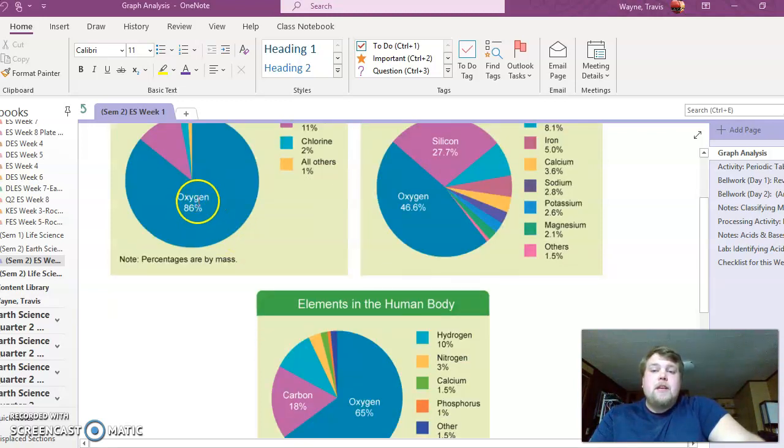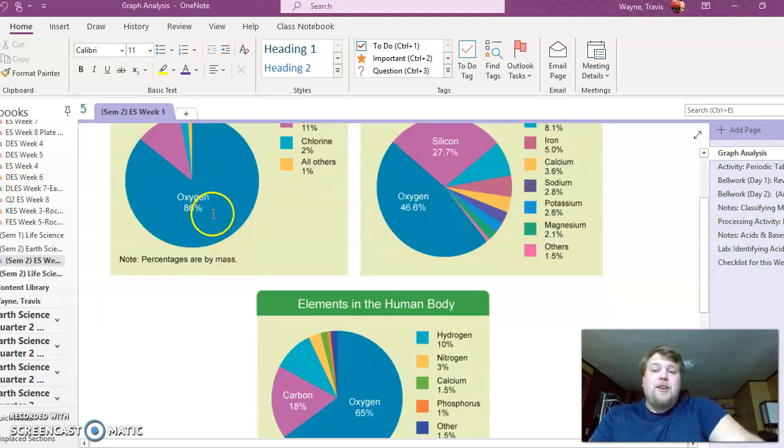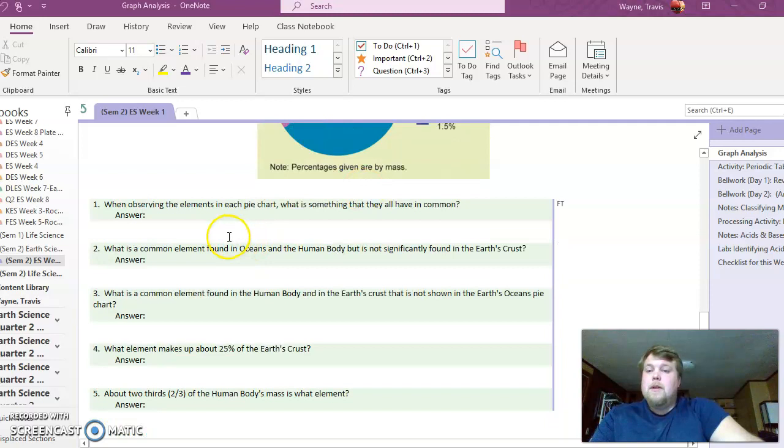What is the representation of oxygen compared to silicon, compared to calcium, sodium, potassium, magnesium, and some of these others? Specifically, the ratio of these different elements in these different parts. And go along those lines, and it'll hopefully help you out.